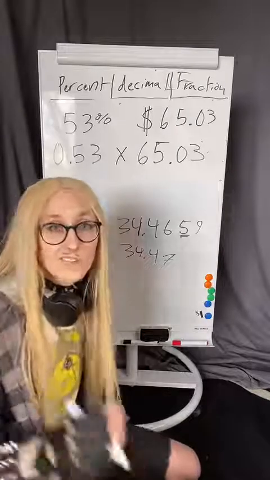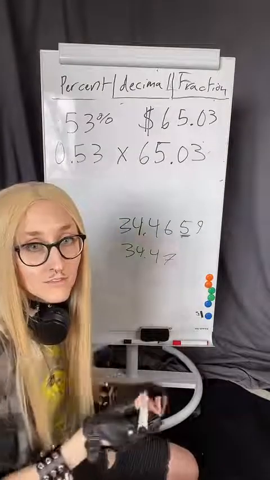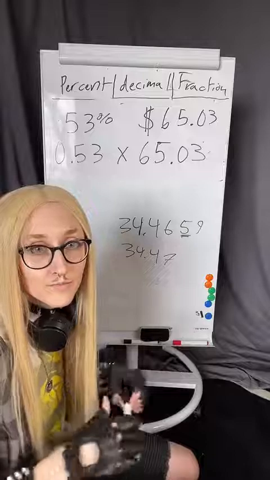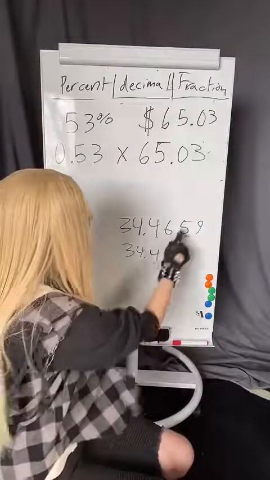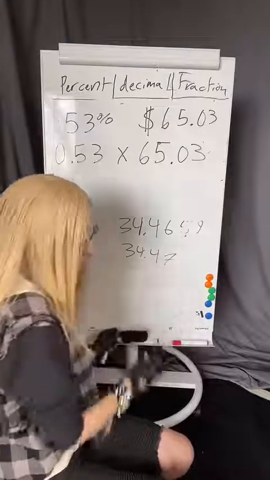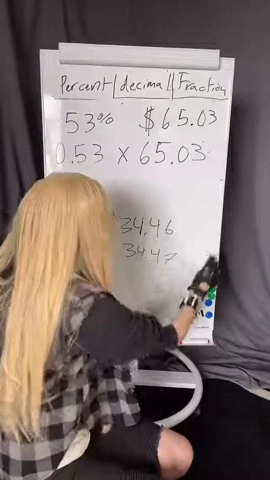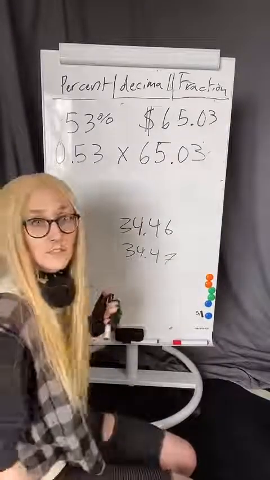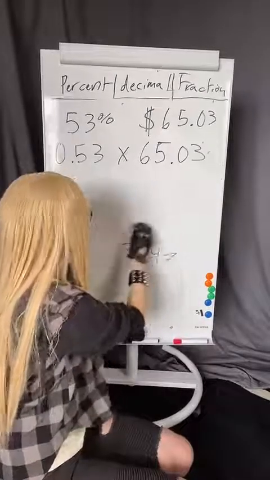And just know that we're a little off, right? Beautiful. And I'm rounding it to this because this is how we talk in American dollars, it stops at the cents. So it's going to be that 34.47.